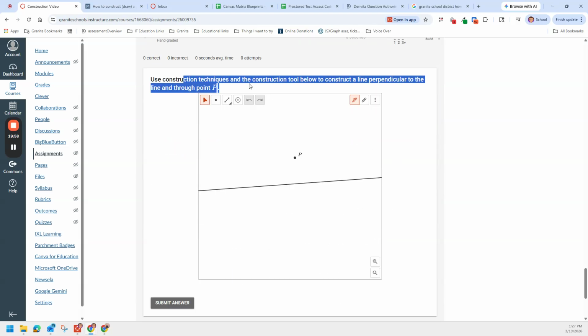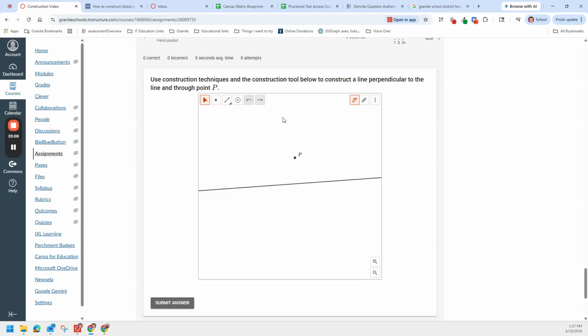Okay, let's use construction tools to create a line that is perpendicular to the line and through point P. This looks kind of similar, except rather than a segment that we were given before, this is a line. But that's really not going to make too much of a difference. We're going to create, once again, a triangle, not equilateral, but an isosceles triangle.